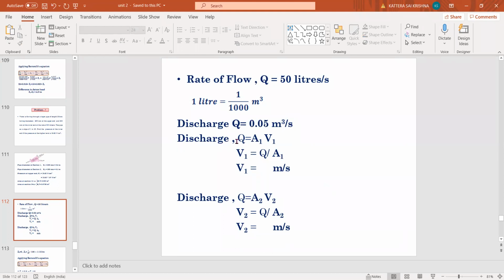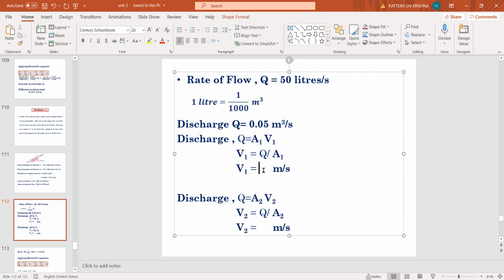Now use the formula discharge Q equals A1 V1 to find the V1 value. Q is 0.05 divided by A1, which we have already found. V1 is 0.176 meter per second.